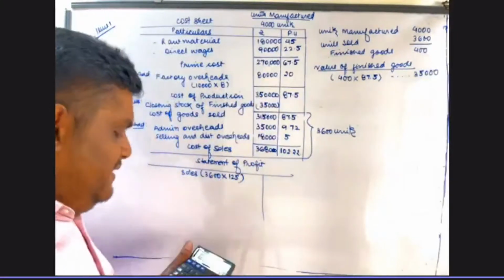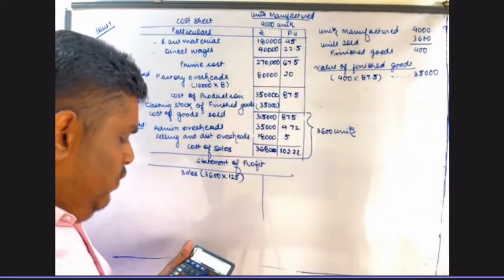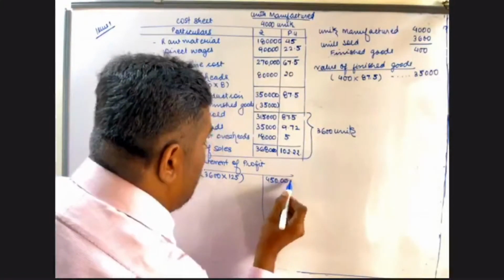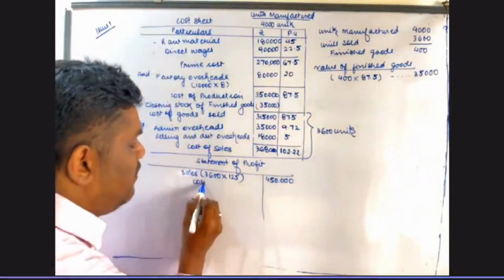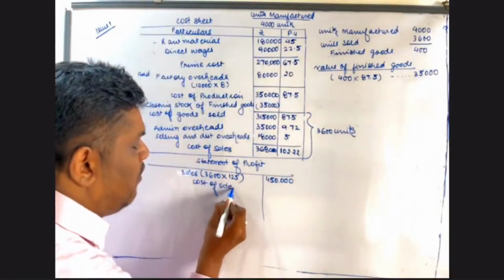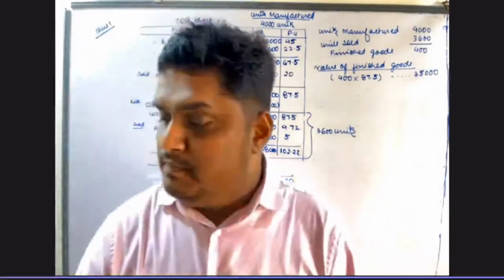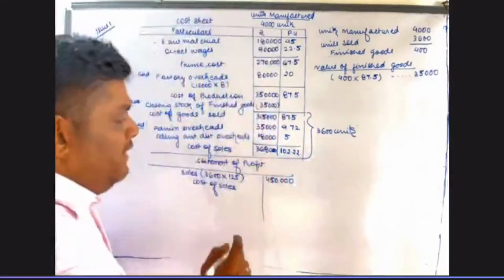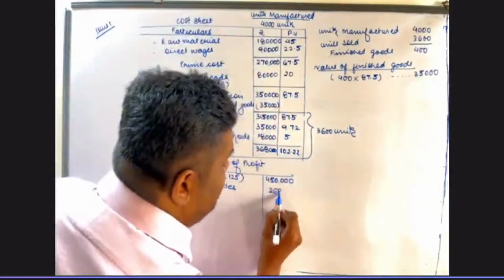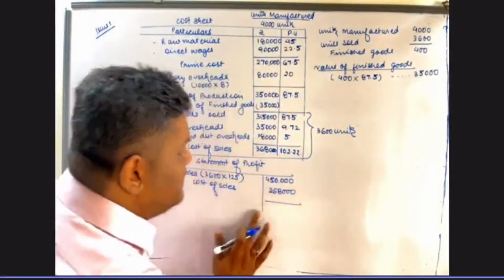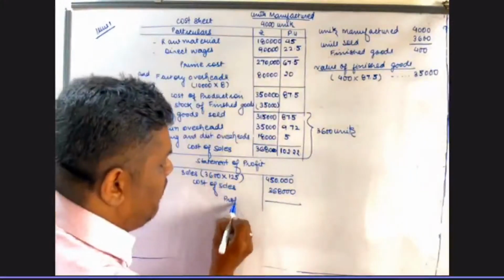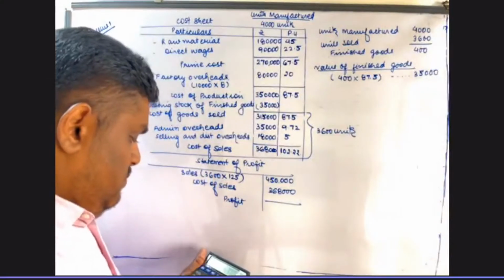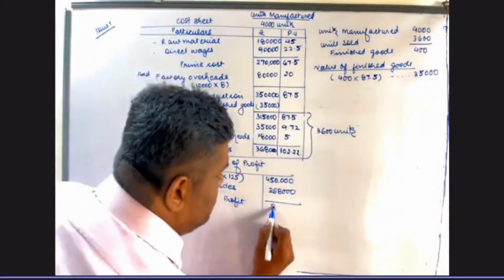So my sale value is 3,600 into 125, that is 4,50,000 minus cost of sales. My cost of sales I have already calculated, that is 3,68,000. So this is how my profit is calculated. That is 82,000.